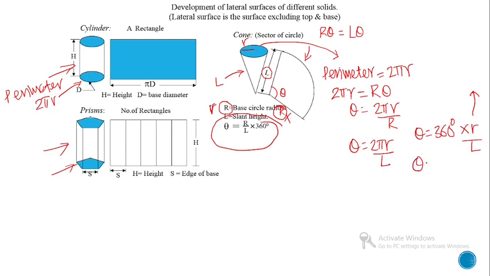We can use theta as capital R by L into 360 degree also, where capital R is the radius of the base circle and capital L is the true length of the generator or slant height. We can use any equation conveniently.